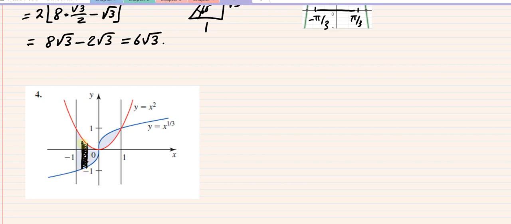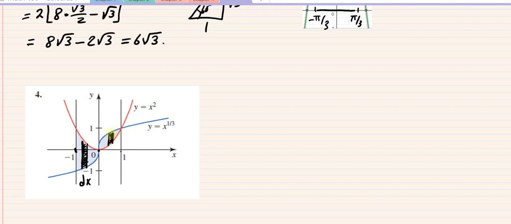So a typical rectangle is going to look like that. The width is dx. And remember, as we go from -1 to 0, the red curve lies above the blue curve. Once we go from 0 to 1, notice the blue curve sits above the red curve for these rectangles.